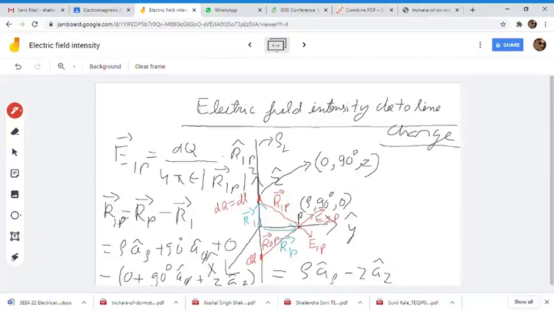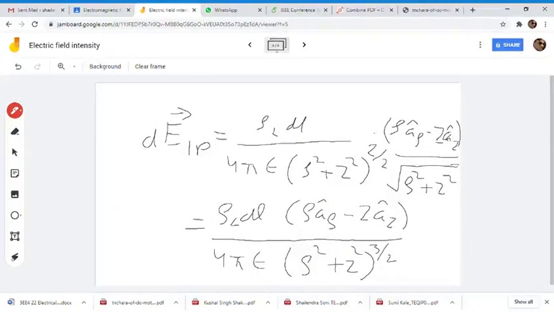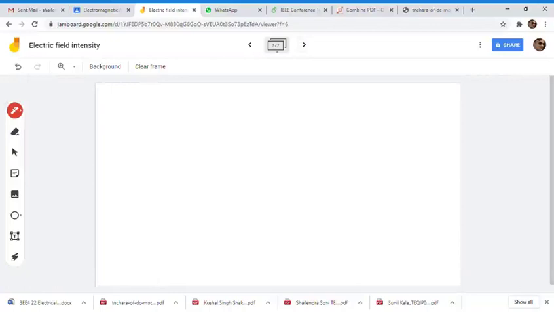Let us see what E2P is. The length is the same, so the charge will also be the same, and it is positive throughout. The charge density is positive.